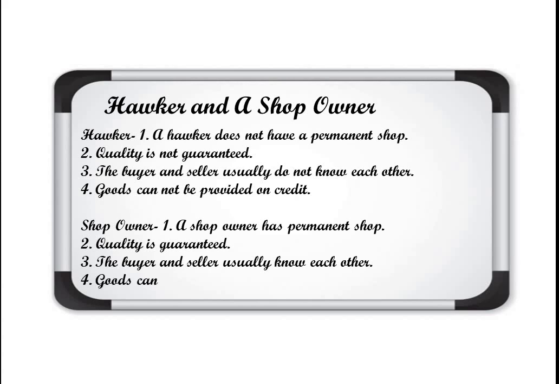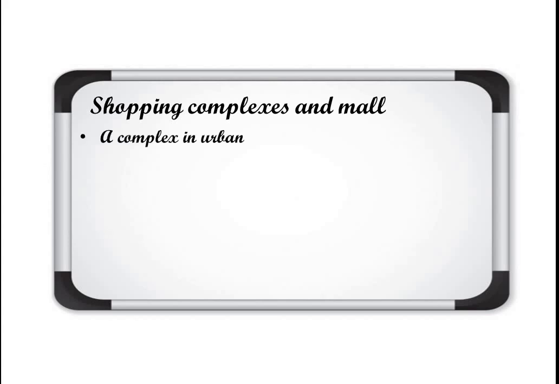Number 4, goods can be provided on credit, which we have already discussed. One example is where Sujata and Kavita had taken the goods on credit from the shopkeeper. Now the next is shopping complexes and shopping malls. Firstly, we'll define these areas.